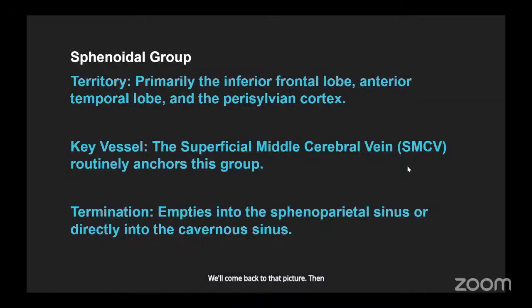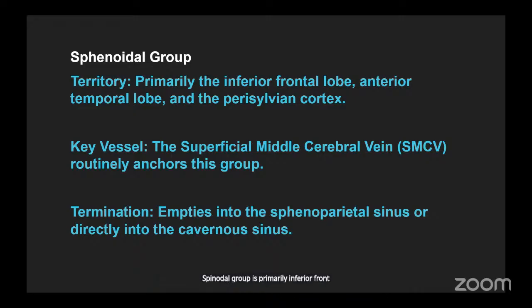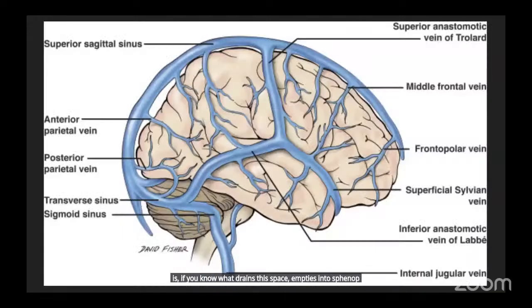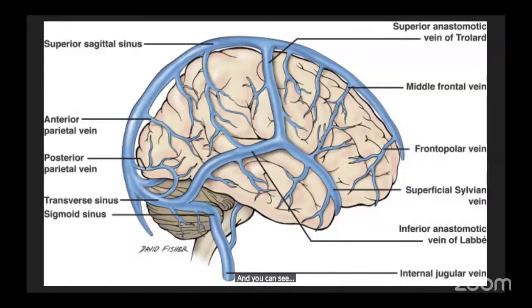Then we have this sphenoidal group, primarily the inferior frontal lobe. We discussed this while we were discussing the temporal lobe and the Sylvian fissure. The sphenoidal group is primarily the inferior frontal lobe, anterior temporal lobe, and perisylvian cortex; the superficial middle cerebral vein, if you know what drains this space, empties into the sphenoparietal sinus. Let's come back here and you can see this vessel here. Mark this green thing.